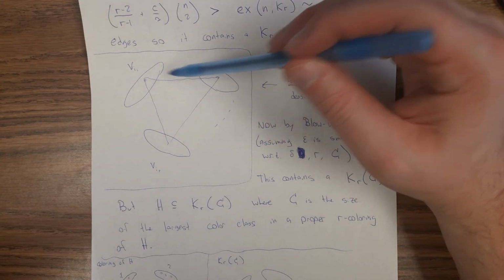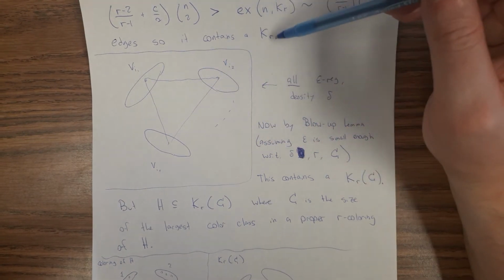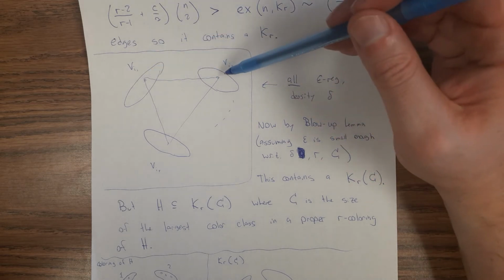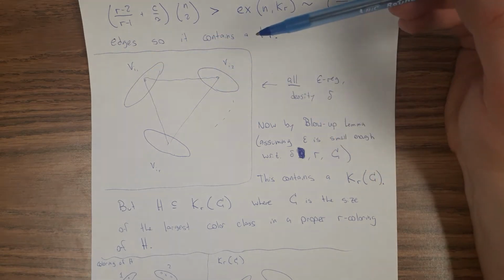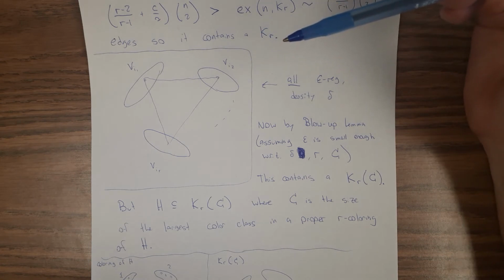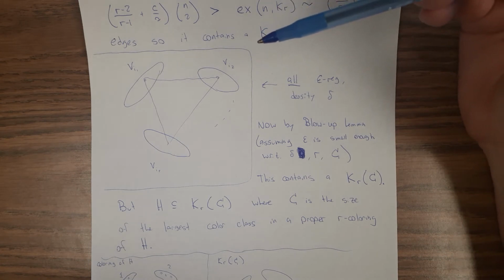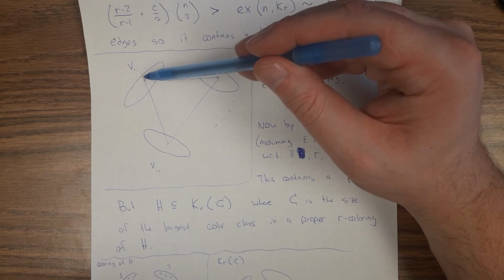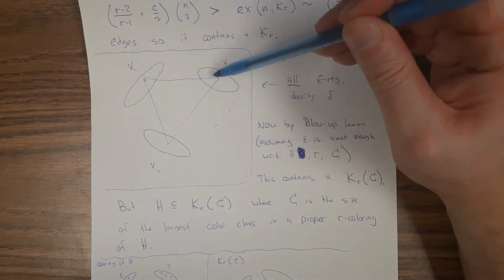So we have this K_r, and how could this K_r look? Given that this K_r is still remaining after I've deleted what I've deleted, and I've deleted every edge touching V0, and I've deleted every edge within a part, the only edges are going in between different parts.